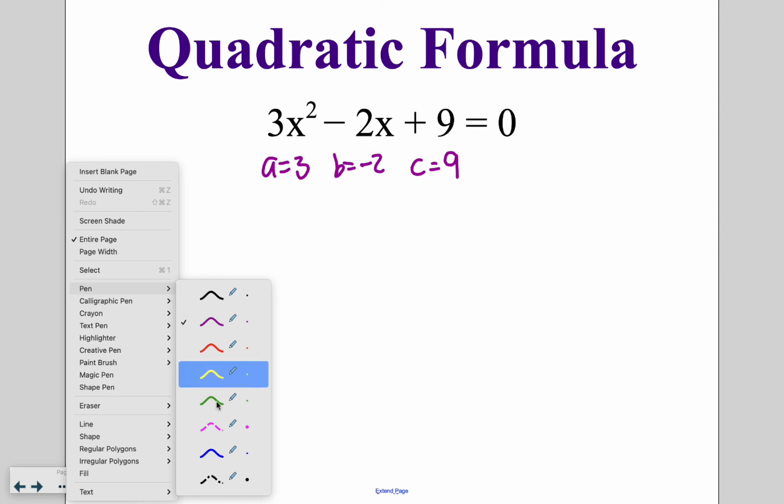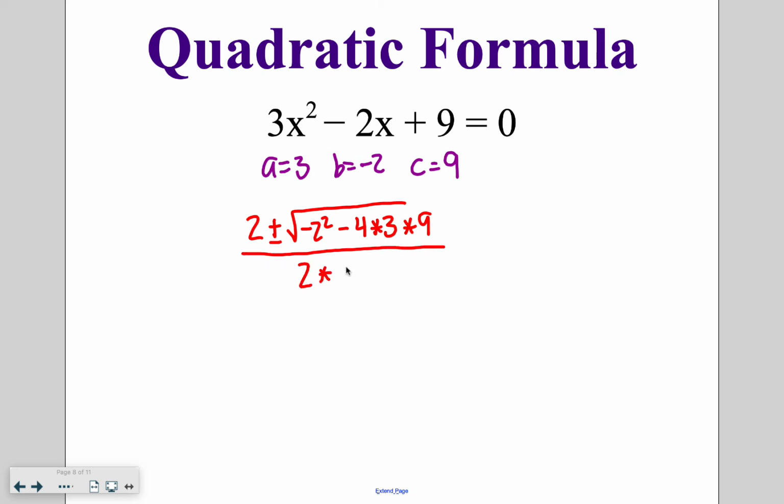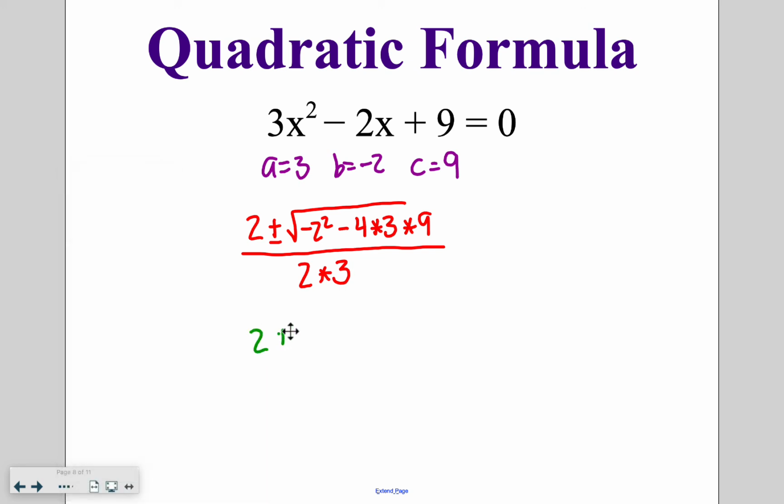When we do this, I now have the opposite of b, so 2 plus or minus the square root of b squared, so -2 squared, minus 4 times a times c, so times 3 times 9, all over 2 times 3.